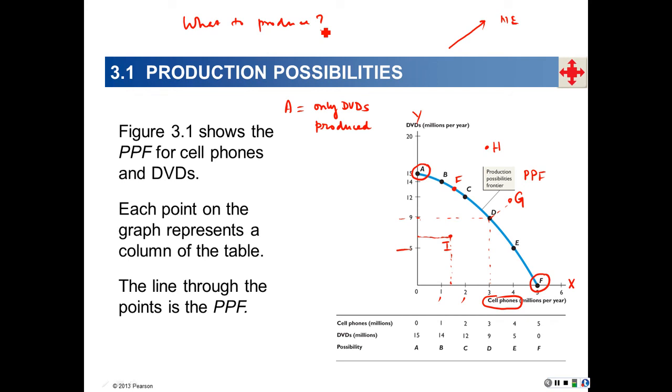Should it, for instance, choose to be here? Should it choose to be here instead? Or perhaps here? You see? So the question, what to produce, can easily be translated into this production possibilities frontier diagram. Right? Which of the points on the PPF should a country choose to produce?